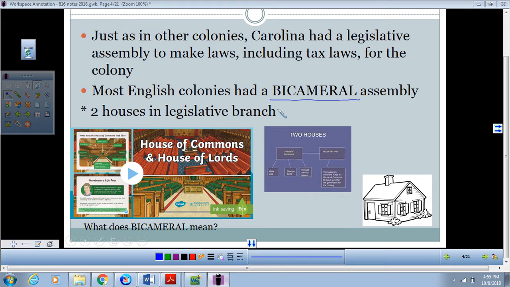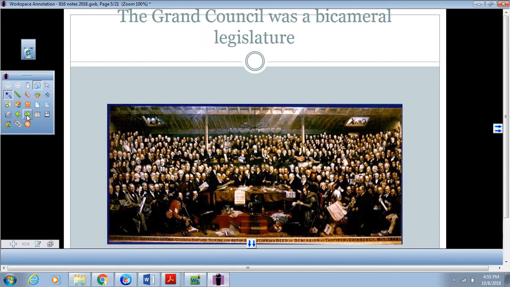Now, most of these assemblies were modeled after Parliament, which had a House of Lords and a House of Commons. Carolina would also have a House of Commons. I don't think they called the upper house the House of Lords, though.